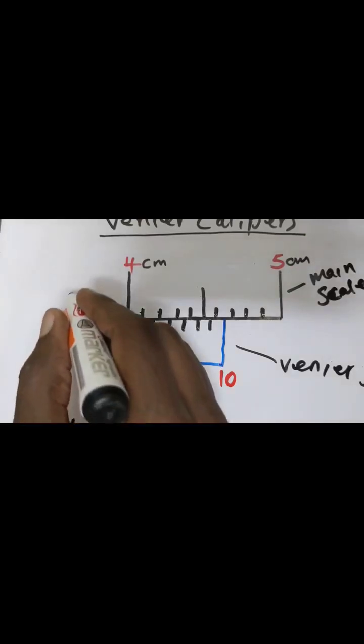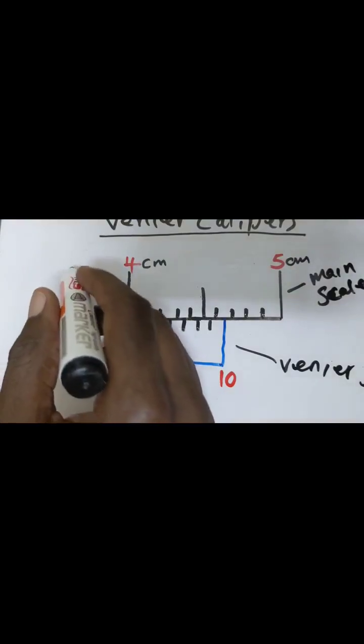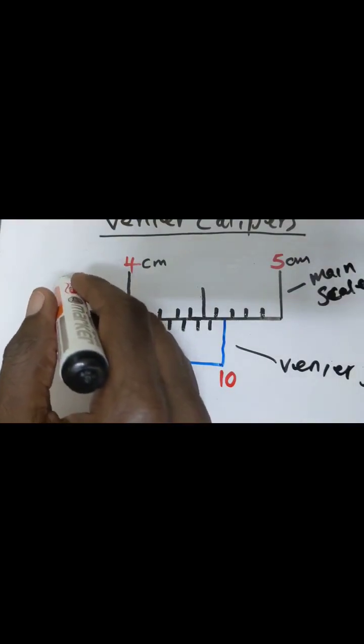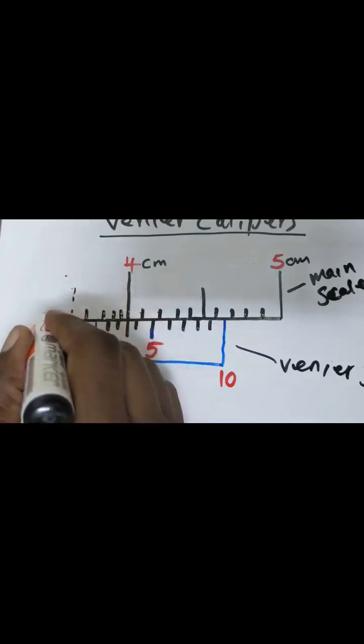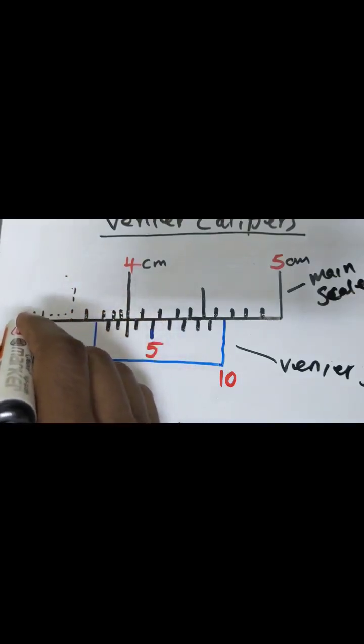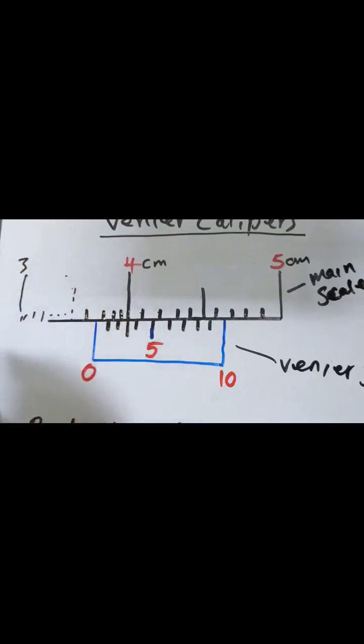So there is 3.5 somewhere here, then it goes like that, and here there is 3. Okay, so this is how it is here.